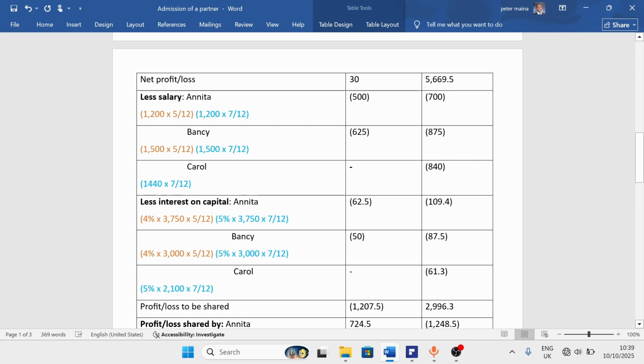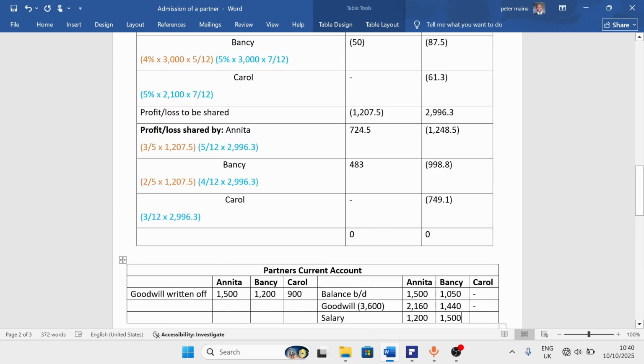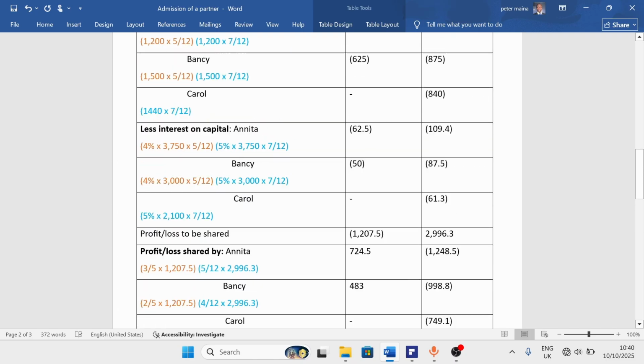We just take the full amount of salary for the whole year. So it was 500 plus 700. So before apportioning, the amount was 1200. So for Anita, salary for the whole year was 1200. For Bansi, salary for the whole year was 1500. That is what we had.